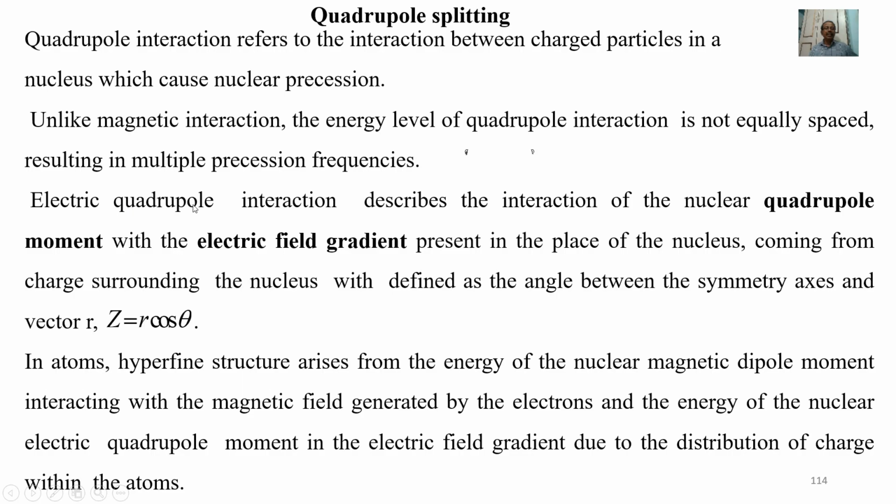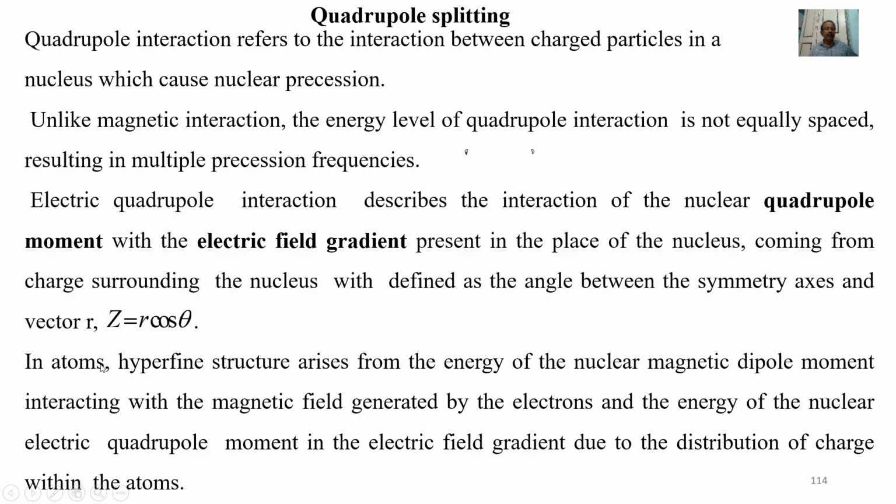Electric quadrupole interaction describes the interaction of the nuclear quadrupole moment with the electric field gradient present at the place of the nucleus, coming from charge surrounding the nucleus, with theta defined as the angle between the symmetry axis and the vector r, which is given as z equal to r cos theta.